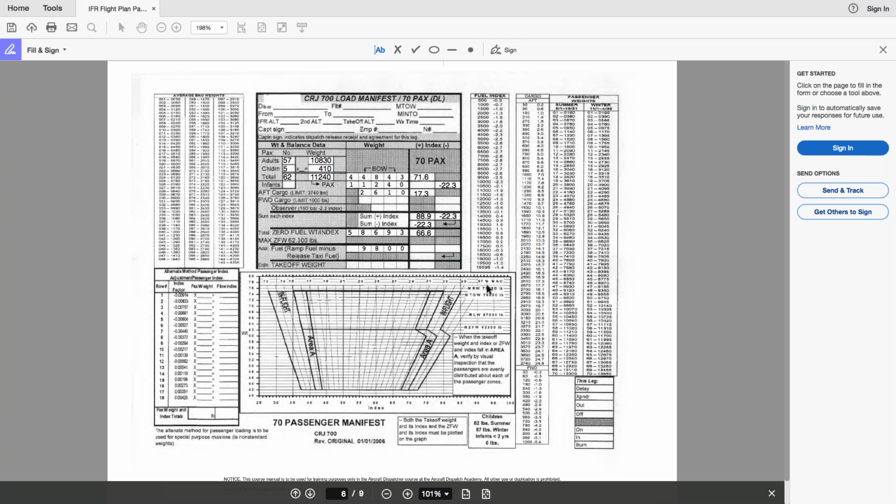Now we've got to figure out the index of that fuel. So we take the fuel index here, go down to 9,800 pounds. We're going to restrict it just a little bit more, give it a negative 2.3 index. Move that down here to our 66.6.